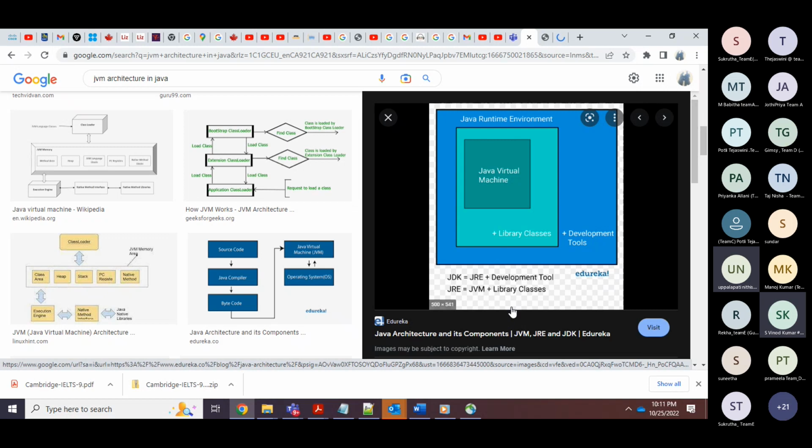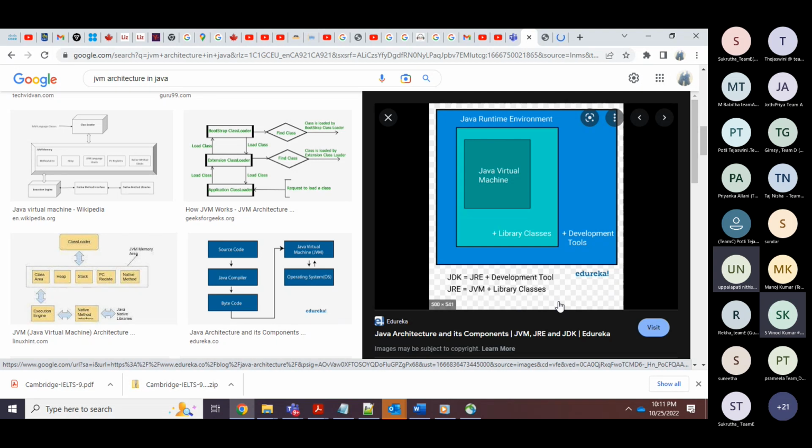So we have understood the interpreter, the compiler, the JVM, and the JRE. Now we will add one more new word called JDK. So JVM, JRE, and JDK.